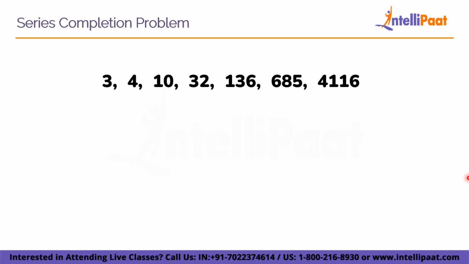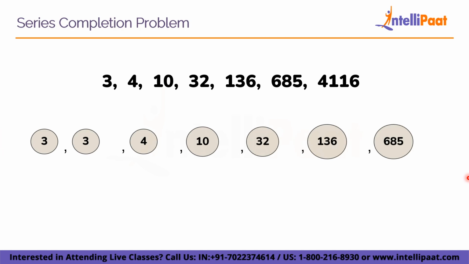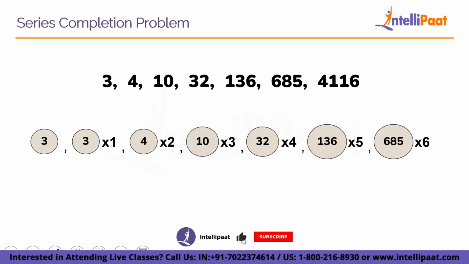So the approach to solve this series would be that we are going to multiply 1, 2, 3 to the previous numbers in this series. Like you can see here, I am multiplying 1 to this number, 2 to this number, 3 to this number, 4 to this number, 5 to this number, 6 to this number, and that's how we will get an approach for how this series is going on.